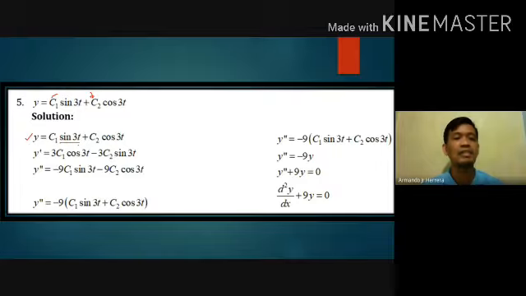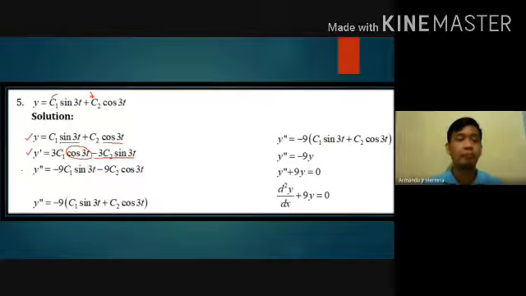Ang derivative ng sine ay cosine 3t times the derivative of 3t is 3. So, that's why it's 3c1 cosine 3t. Derivative ni cosine is negative sine 3t multiplied by the derivative of 3t is 3. So, that's why it's negative 3c2 sine 3t. So that's your first derivative.